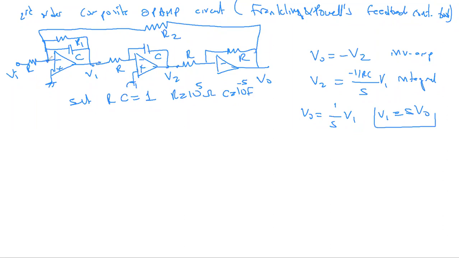Let's write the node equation for this guy. I have the sum of all the element admittances times 0, which is equal to 0.